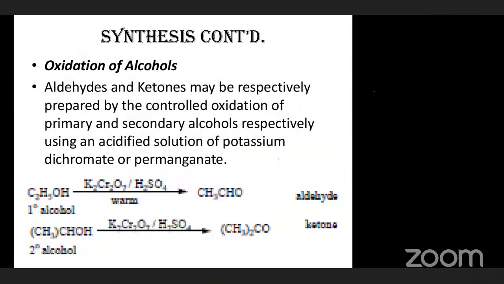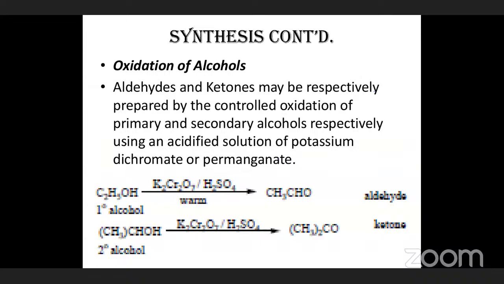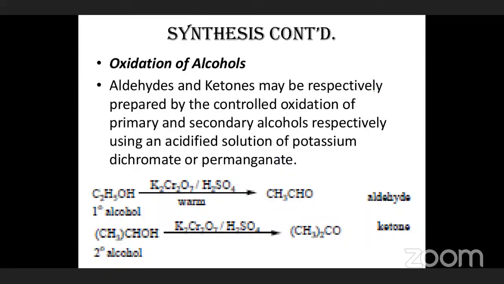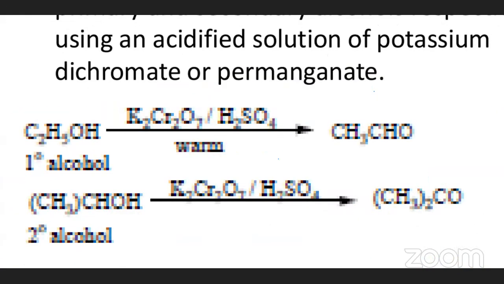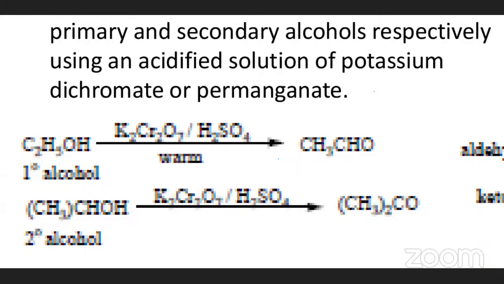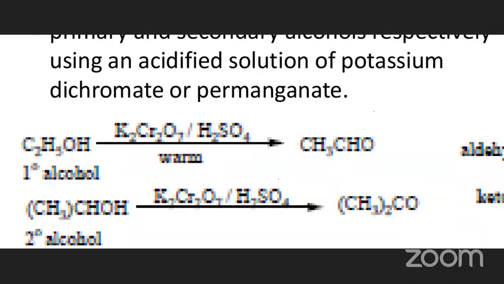Obviously, your exam is going to be multiple choice, but you can come across a question where you have CH3CH2OH, that's this first equation on this slide, then an arrow, and in the question you will have a question mark. This will not be there. It will be removed and you just have a question mark, and then you'll be given options A, B, C, and you'll have to choose.